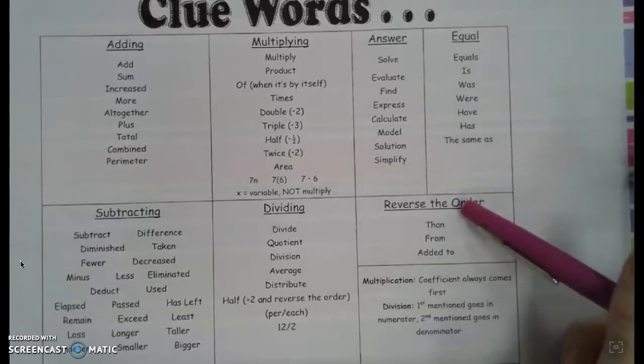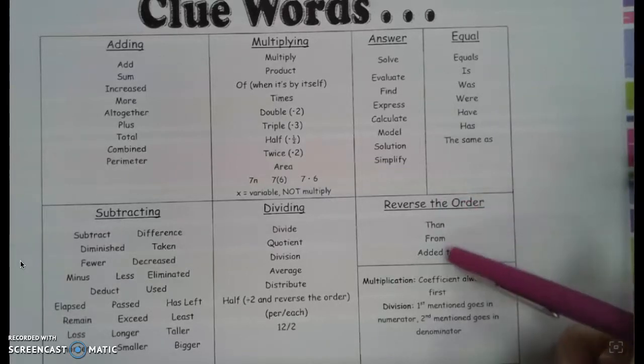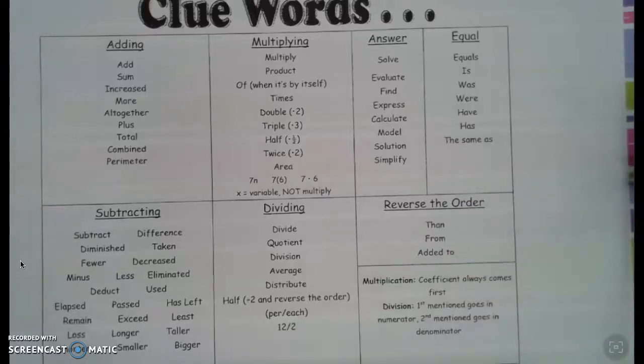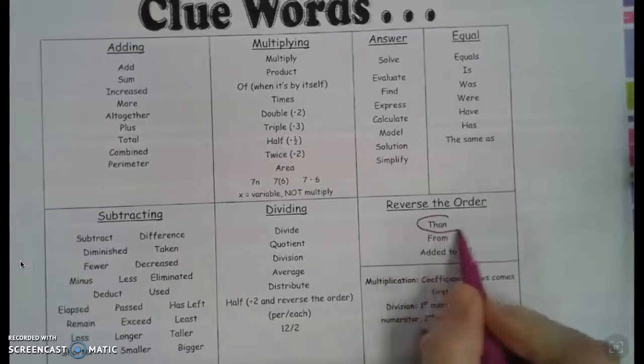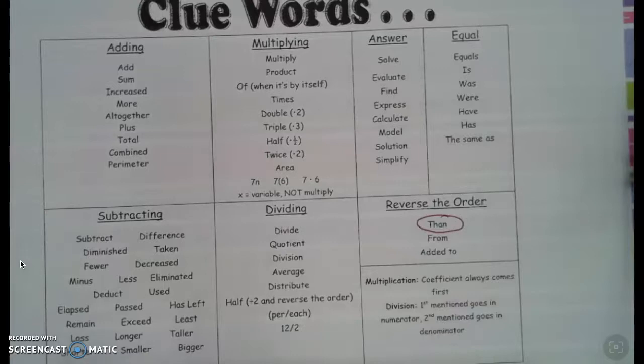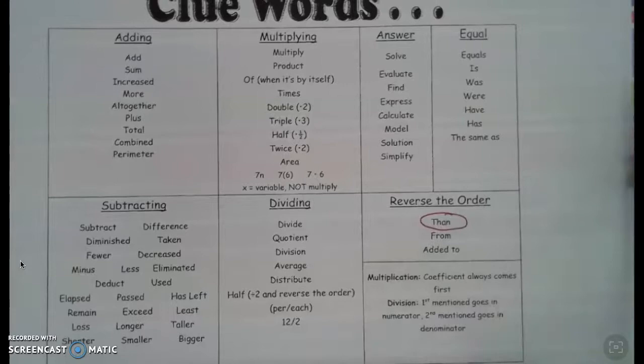We reverse the order when we see than, from, or added to. The main one that you're going to see is the word than, and we're going to look at that in just a second. Keeping these words in mind, that than word is going to probably give us the most headache.